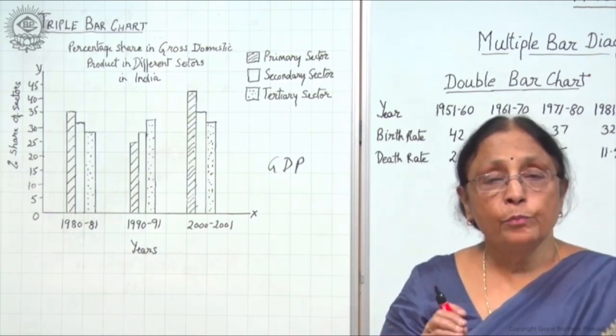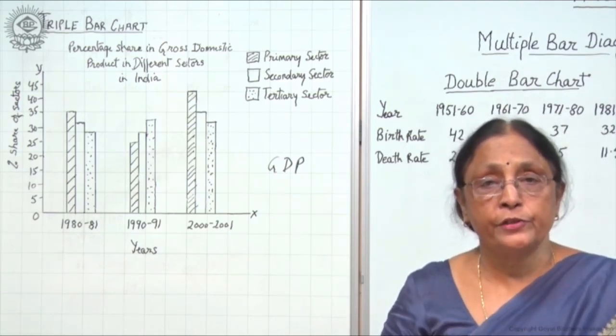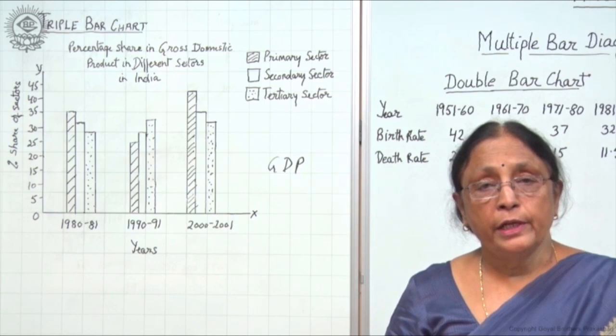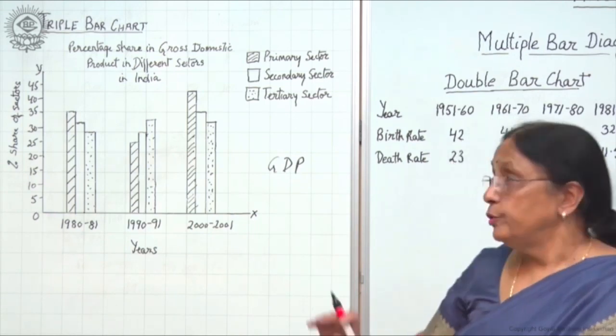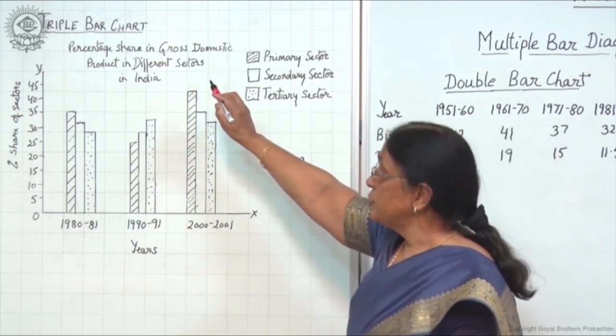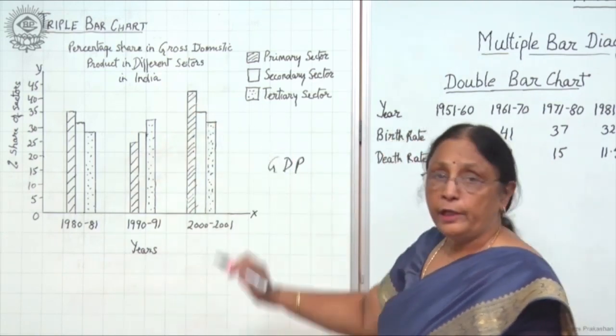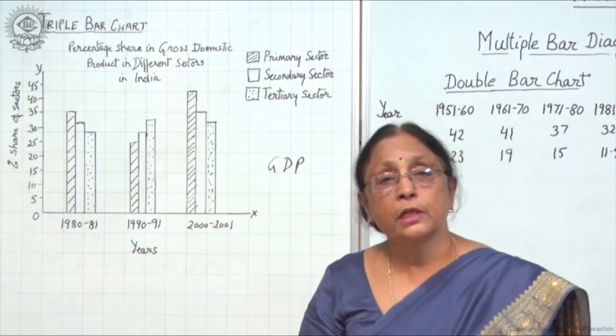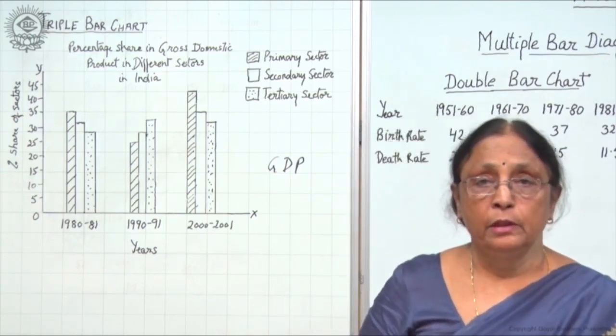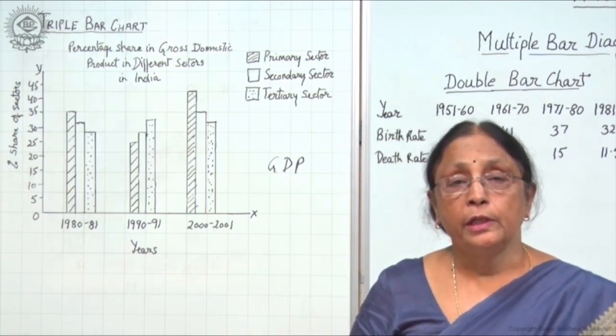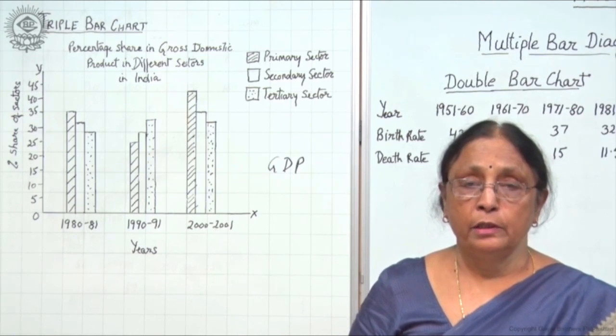So total production within the domestic territory of the country, that is GDP. So this data gives you the percentage share in gross domestic product in different sectors in India. That means how much is the contribution of each sector, primary, secondary and tertiary, in the GDP of India.